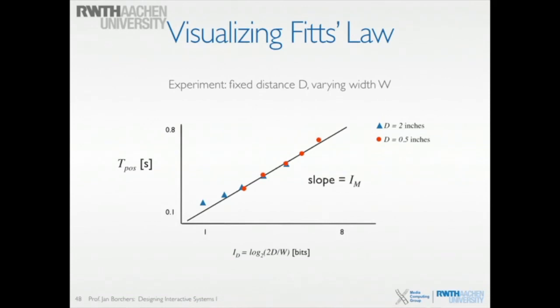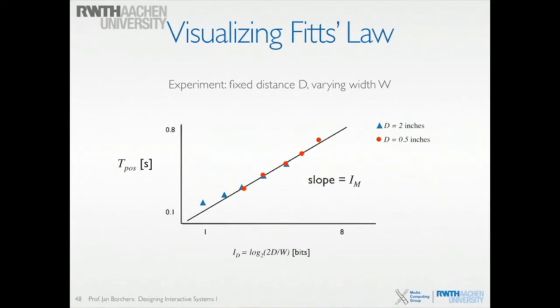So this is actual data that Fitts found out. And here on the y-axis we have the time to reach a target in seconds. And here on the x-axis we have the index of difficulty, which is a logarithmic scale.